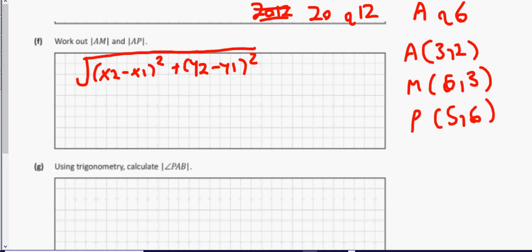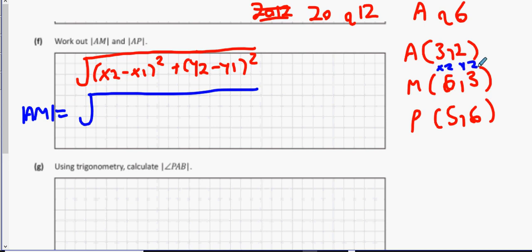Let's find two lengths. Let's start with AM. M is x2, y2, and A is x1, y1 for me. You can have it the opposite way around if you want. So 6 take away 3 squared plus 3 take away 2 squared. What do you get for that, Charlie?